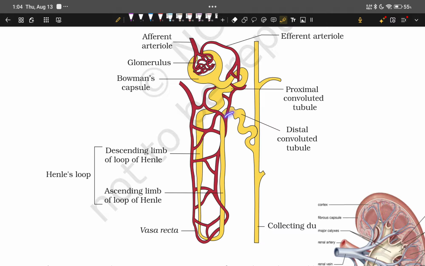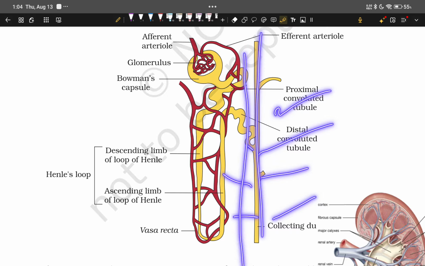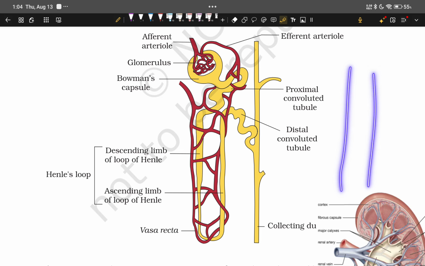Now after that, the ascending limb also forms a coiled structure, which is called distal convoluted tubule, and then several DCTs open into one collecting duct, and the several collecting ducts combine together, and then urine is transferred from the collecting duct to medullary pyramids, then into minor calyx, then major calyx, and renal pelvis, and from there it is transported to the ureter.